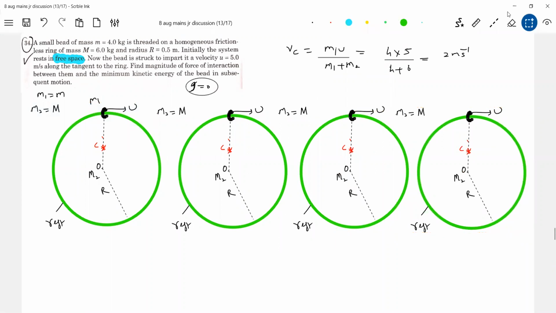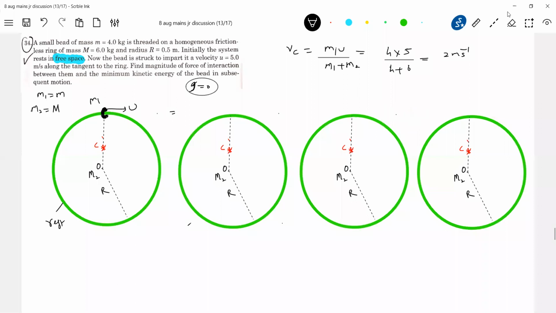Okay, these are some related diagrams. Tell me, what will be the sequence, one after the other? What are the sequences that will take place?